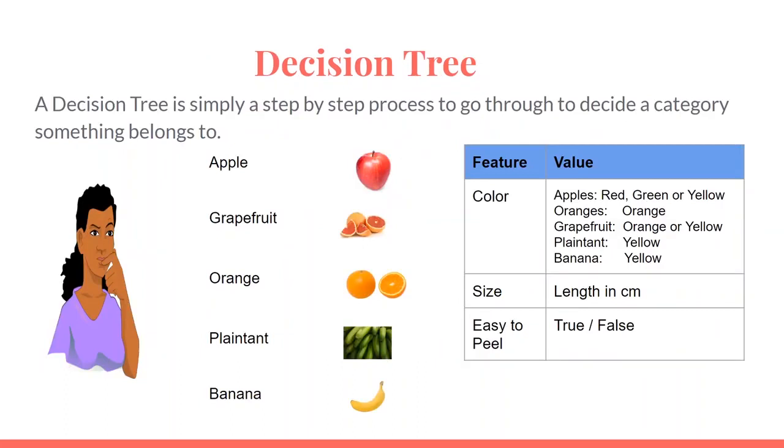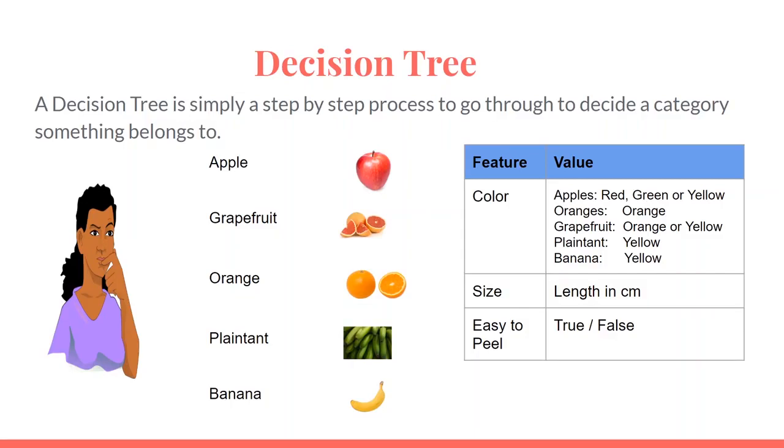Decision trees are the core components of the random forest algorithm. A decision tree is simply a step-by-step process to go through to decide a category something belongs to. So let's understand decision tree with the help of an example. Suppose you have a set of fruits and you want to train someone to categorize these fruits.